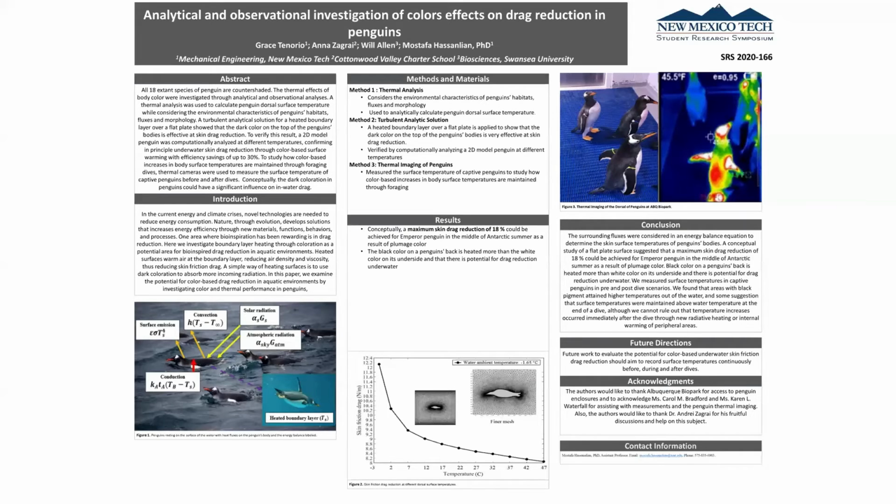Penguins have two different layers of feathers, so it's definitely possible that the feathers are different, but I don't believe they're that structurally different that it would make that big of a difference. Cool, thanks.